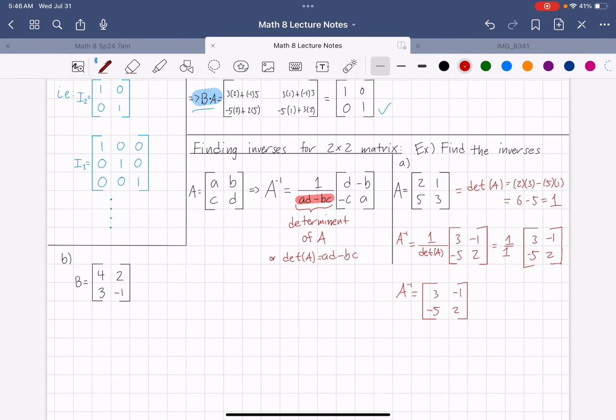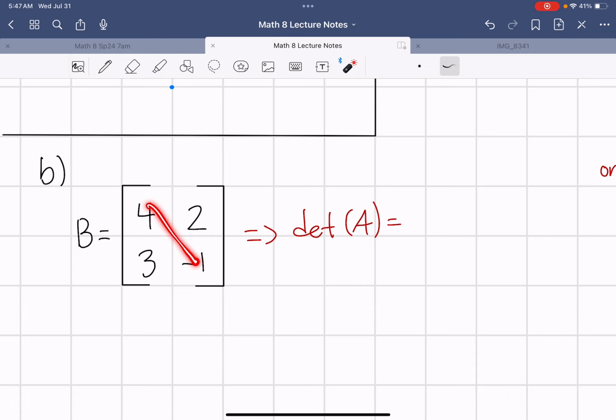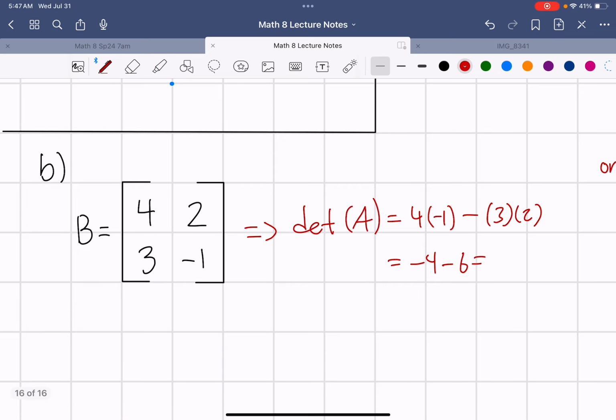Let's do one more example real quick. Like I said, the first thing we want to do is the determinant of A, which is multiply this diagonal. So 4 times negative 1 minus 3 times 2. And that's going to be negative 4 minus 6, which gives us negative 10.